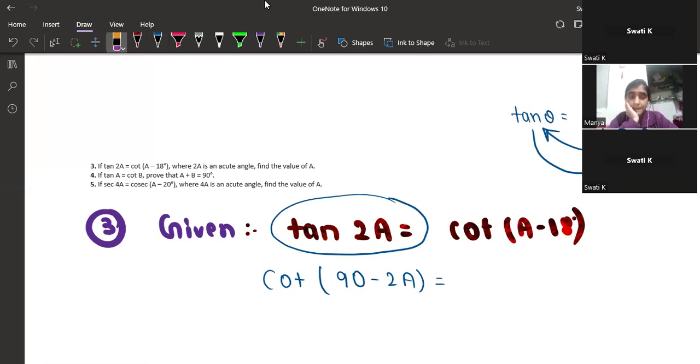Yes. क्वेश्चन क्यों लिखा? बिकॉज इफ यू नोटिस आरएचएस में भी हमारे पास कॉट ही है, राइट? तो इसीलिए हमने इसको भी कॉट में कन्वर्ट कर दिया। ओके, सो cot 90 minus 2a एंड दिस इज cot a minus 18 as it is.